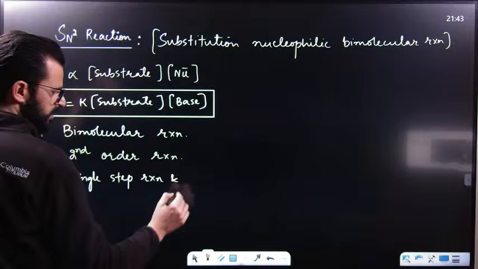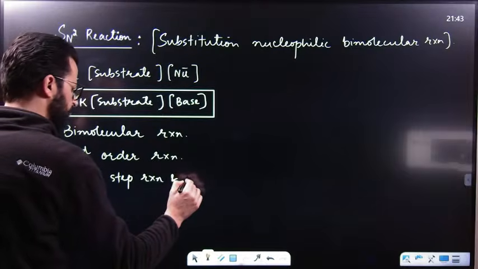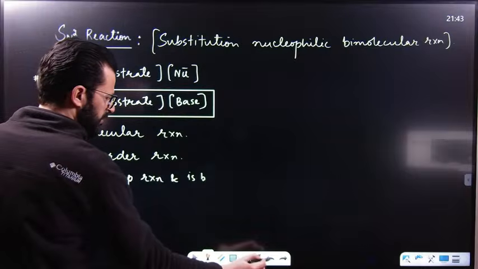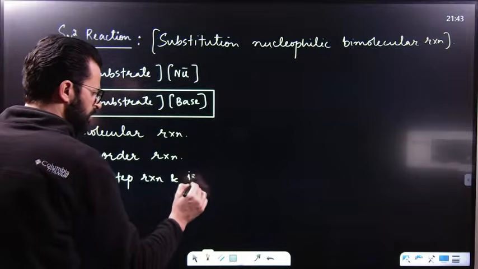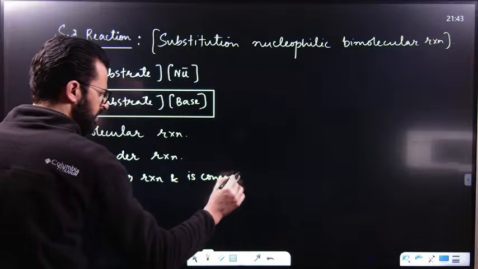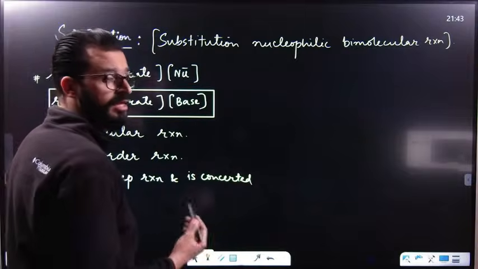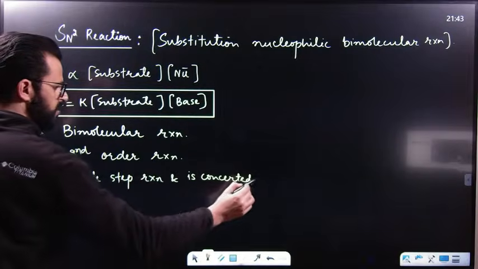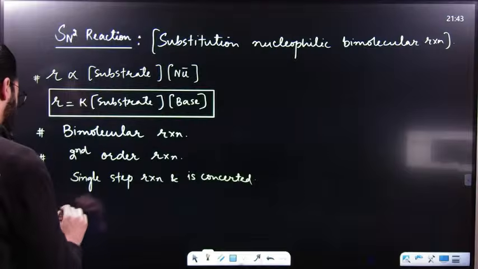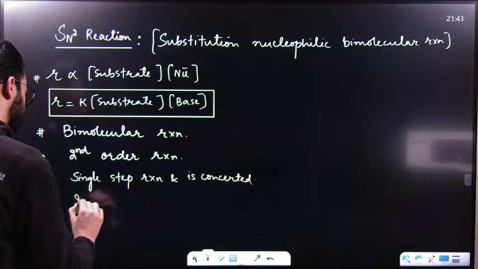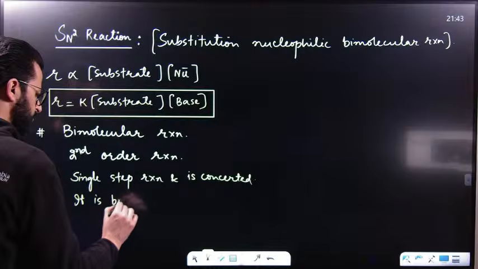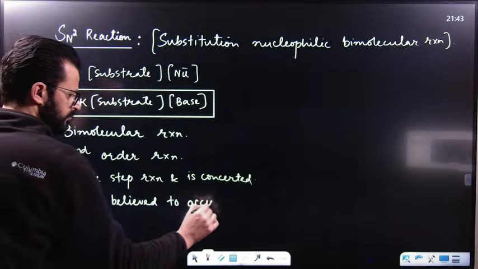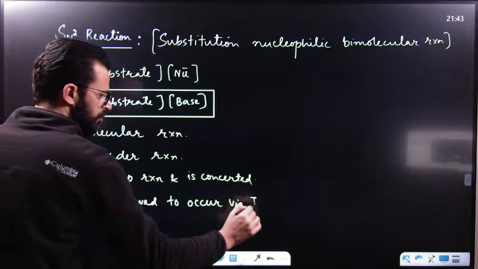It is a single step reaction and is concerted. Concerted means bond breaking and bond making take place simultaneously. It is believed to occur via a transition state.